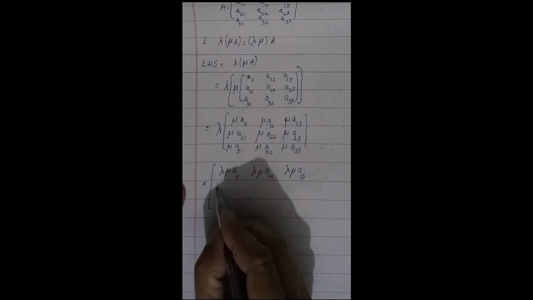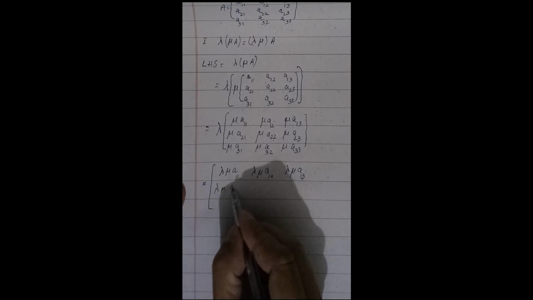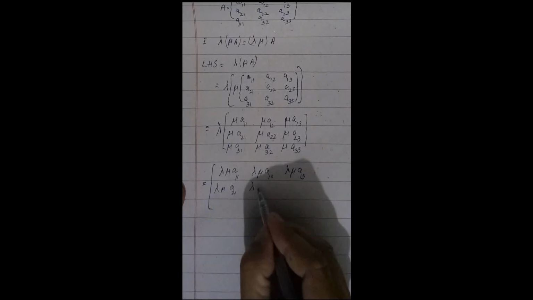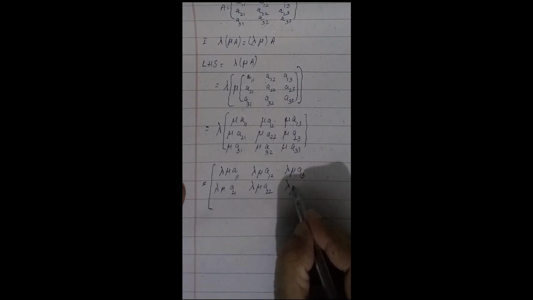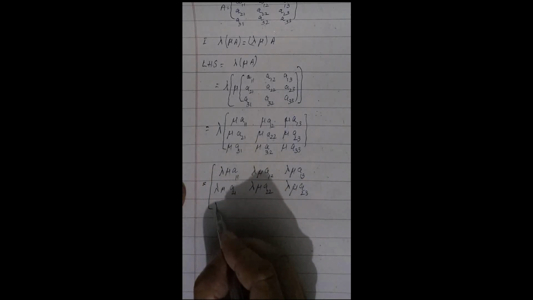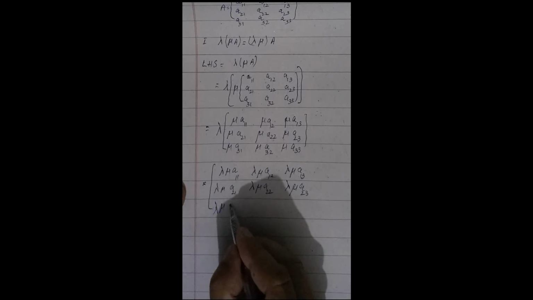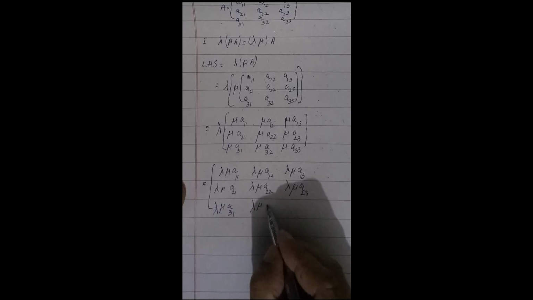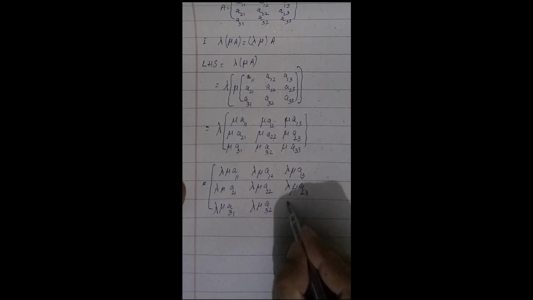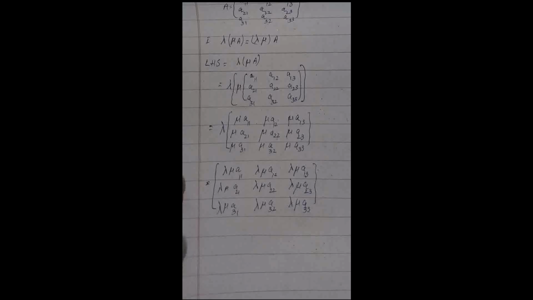And the second row is lambda mu A21, lambda mu A22, lambda mu A23. And the third row is lambda mu A31, lambda mu A32, lambda mu A33. This is the left hand side of the equation.